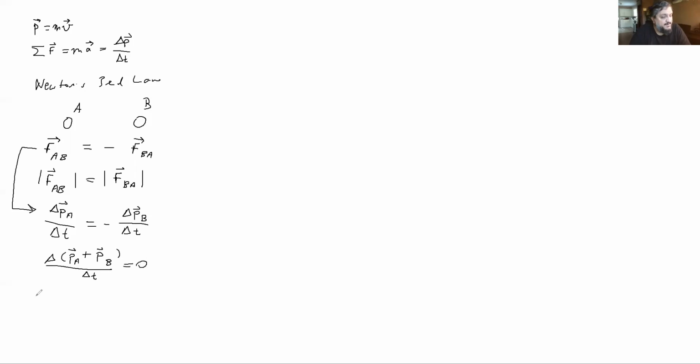In other words, if I define a total momentum, which is the sum of momentum of A and the momentum of B, this will not change before and after the interaction over some time. So it will be conserved.